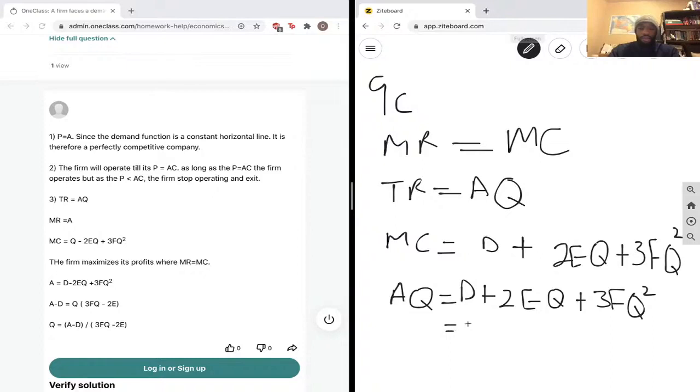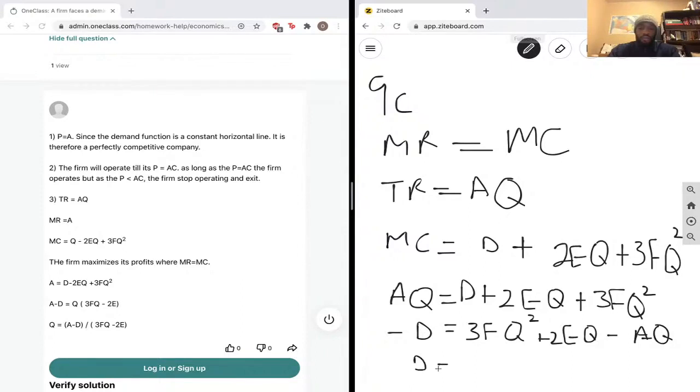We'll say 3FQ squared plus 2EQ minus AQ equals minus D. And then divide everything by a negative.